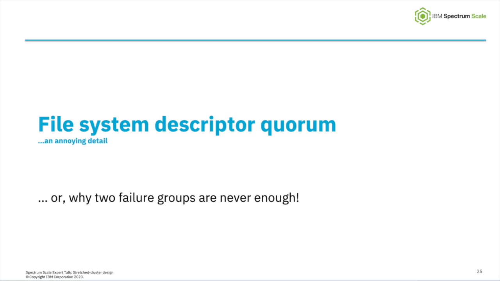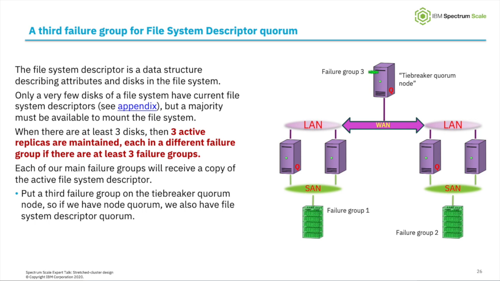one other detail. I've seen this one missed a lot, and that's called File System Descriptor quorum. We need to be sure we get this. All right, so we've got to talk about File System Descriptor quorum. Spectrum Scale writes a File System Descriptor to each disk volume belonging to a file system, and that includes information needed to mount the file system.